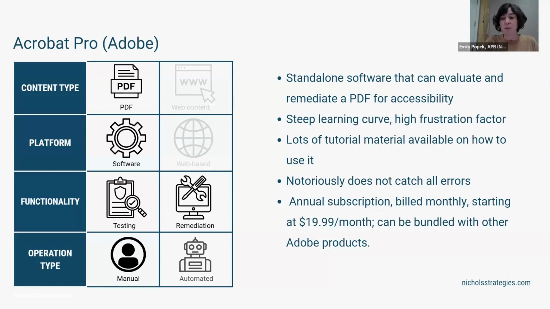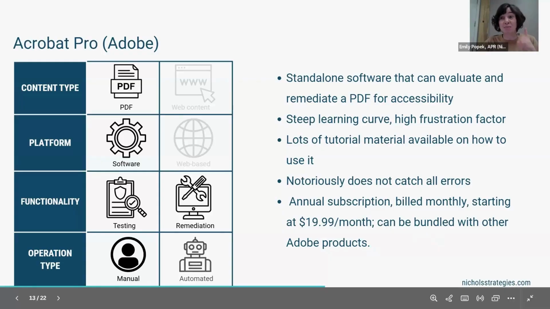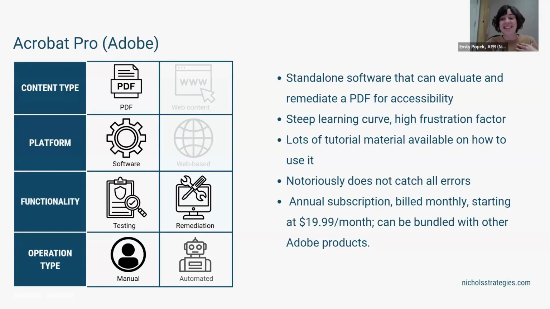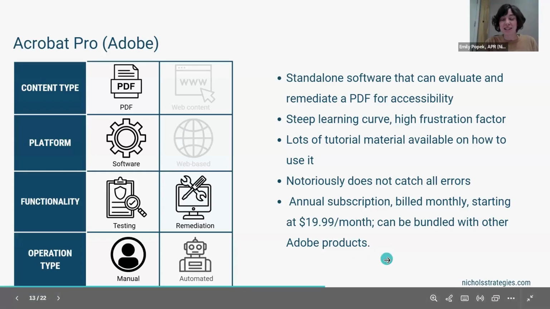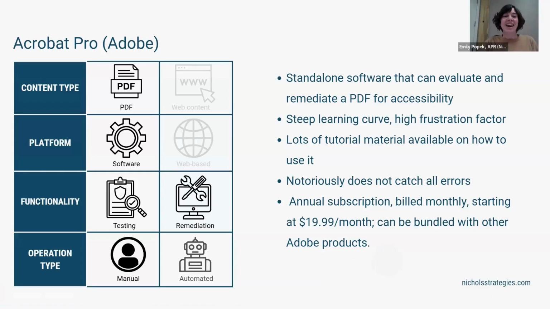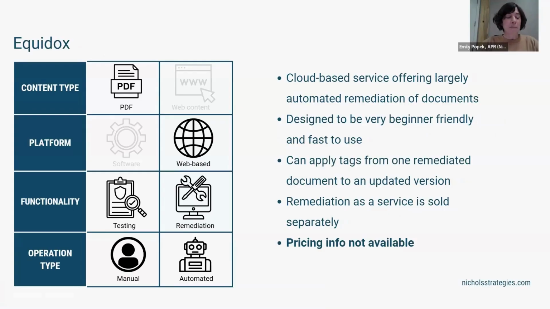And obviously it can be bundled with other Adobe products at a discount. So the price point is really on the low side, but it might be a little challenging to use. I've heard multiple people say, and I have said this, that using Adobe to remediate PDFs for accessibility has made them cry, and I have cried trying to use it. But you may be made of stronger stuff than me.